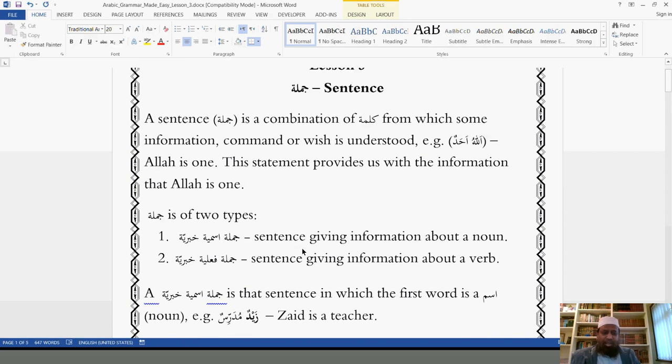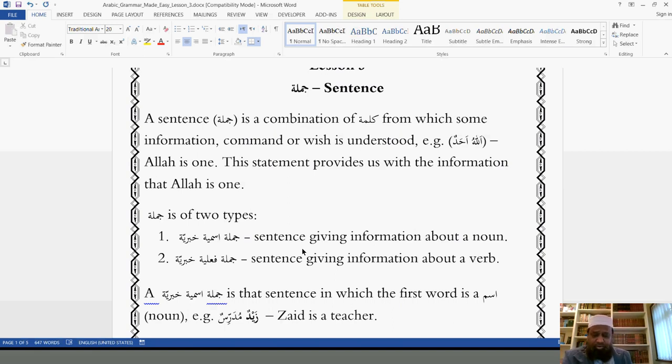A جملة اسمية is that sentence in which the first word is an ism. جملة اسمية starts with an ism. Example, زيد مدرس is a complete sentence.